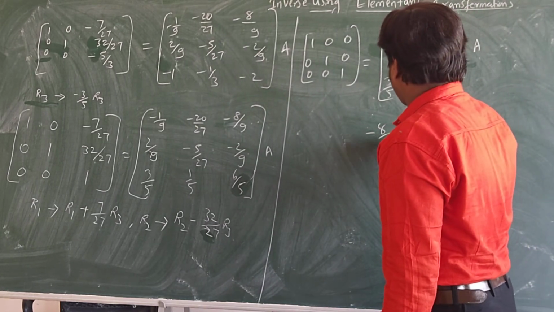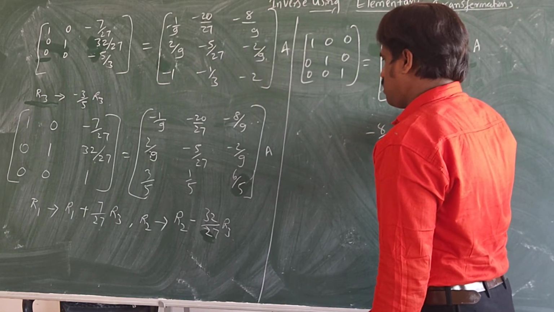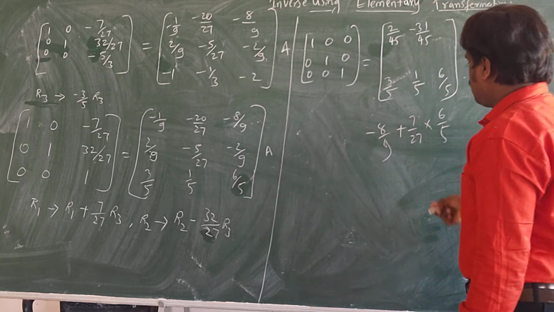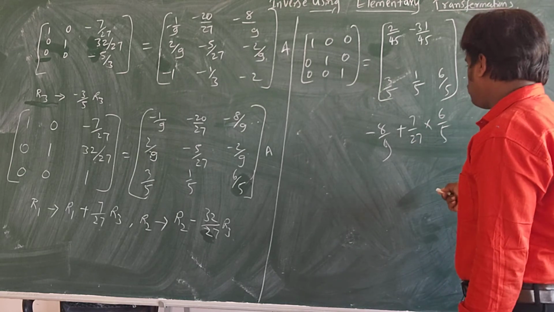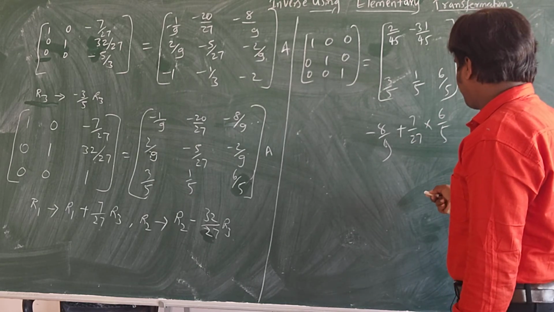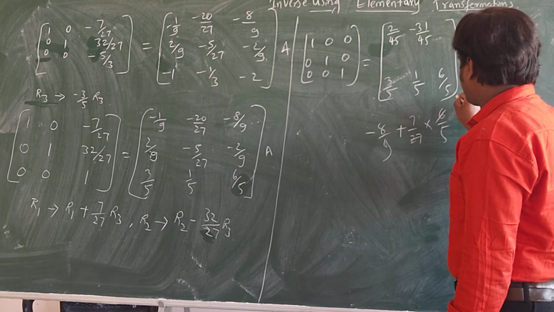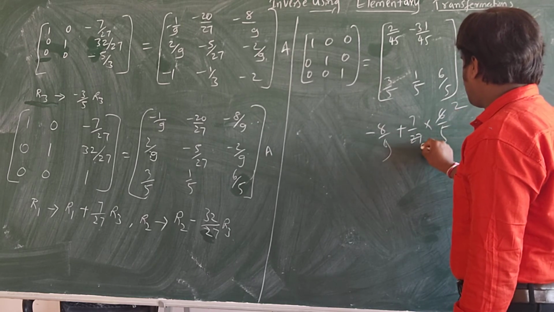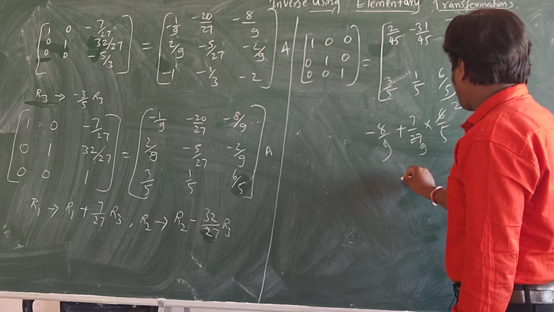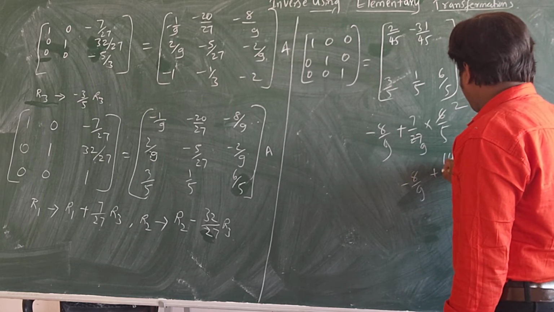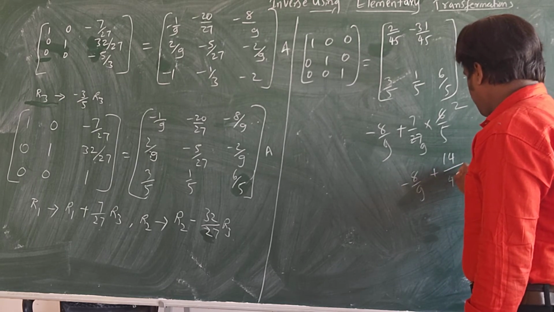Minus 8 by 9 plus 7 by 27 into 6 by 5. Okay, fine. 6 and 27 cancel. 2 by 9. Any cancellation? So minus 8 by 9 plus 14 by 45. 45 is the LCM.